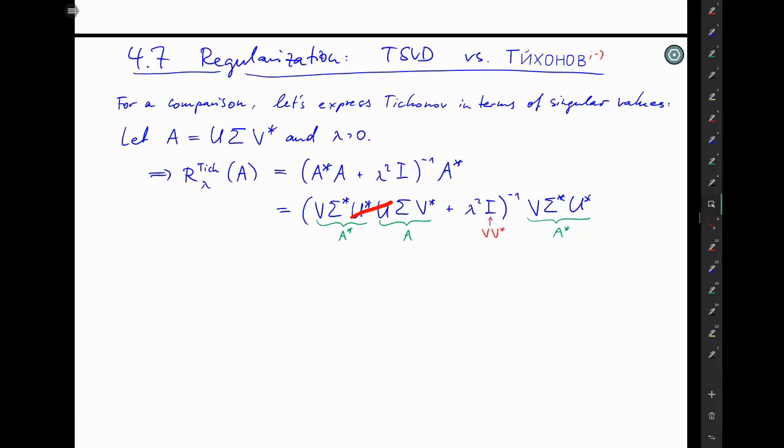Okay, let's write down this new line. Now I think you can see why we did this trick, because we have V and V star also here and here. So that we can factor out V to the left and V star to the right.